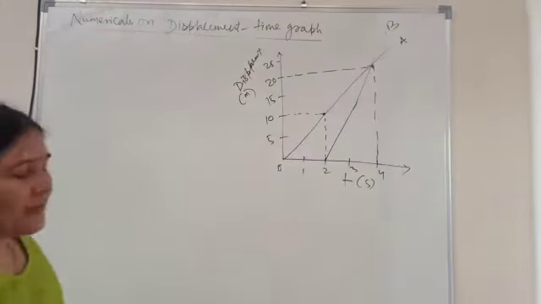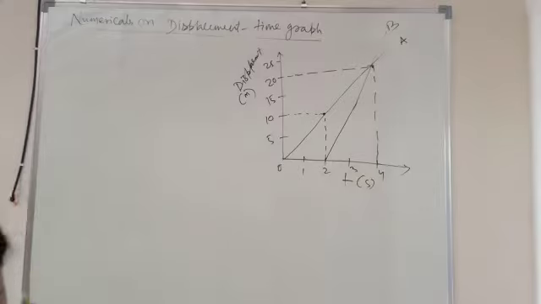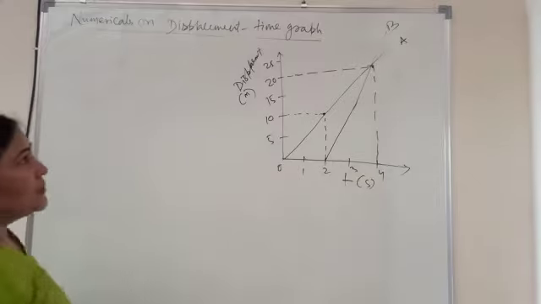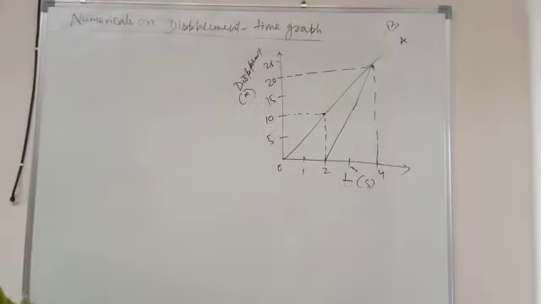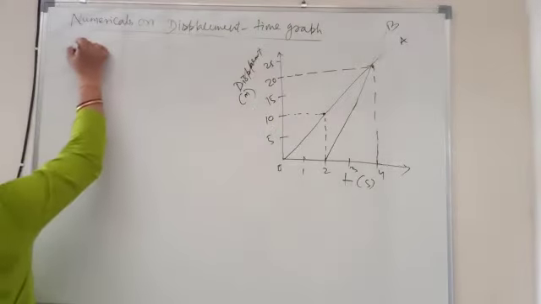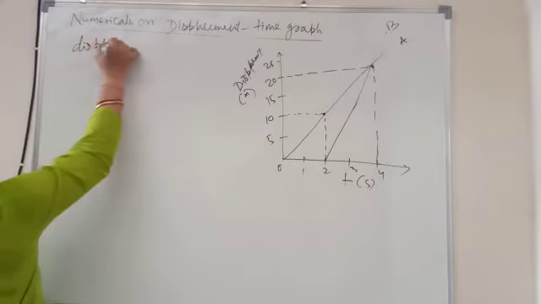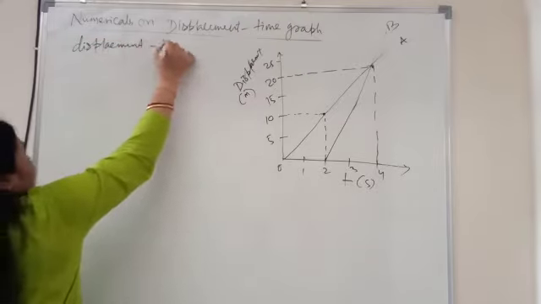Okay, so this is the graph. Now the question is, this is the figure which is showing the displacement time graph of two boys, A and B.